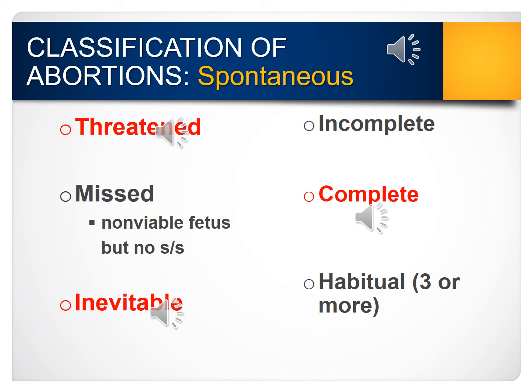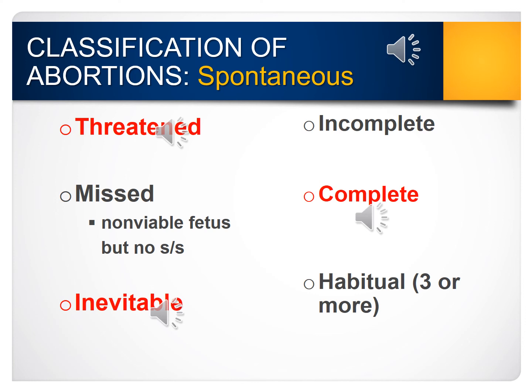A woman may report that she's having some spotting or some bleeding, and so she would be evaluated through diagnostic testing: an ultrasound to see if there is a fetus and a heartbeat, checking the location of the placenta, and then checking HCG levels.